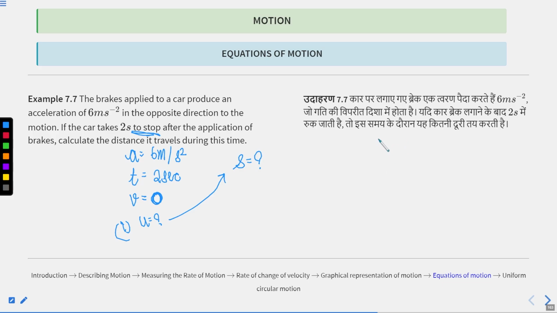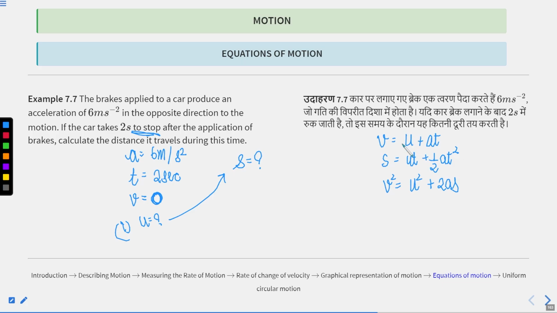Okay, because in the third equation of motion, we know v, we know acceleration, we know the time period.